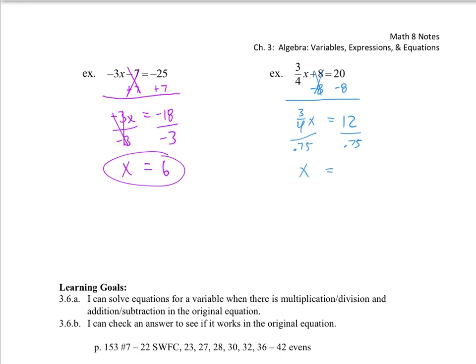So x equals 16. 75% of 16 equals 12. Okay. If you do put it in your calculator, let's try that a minute.